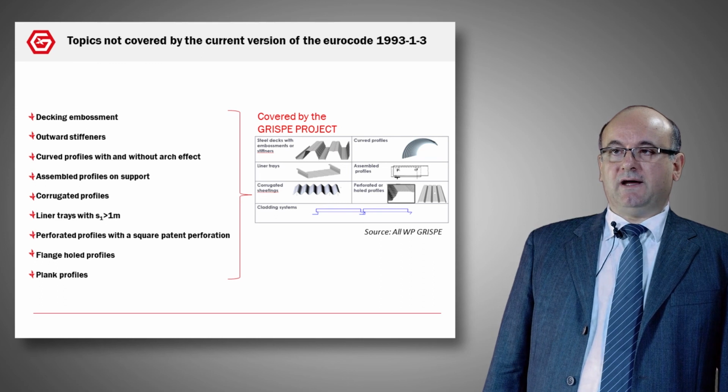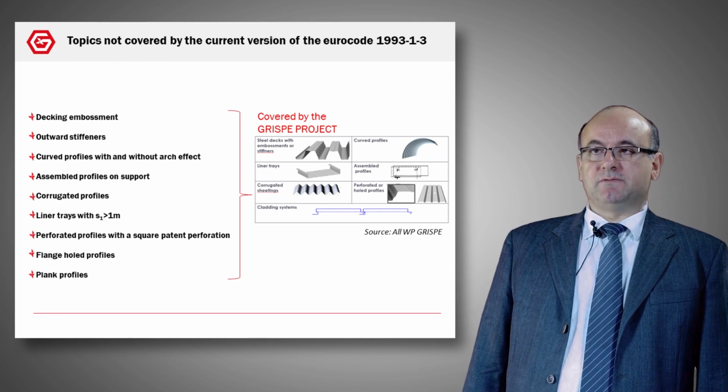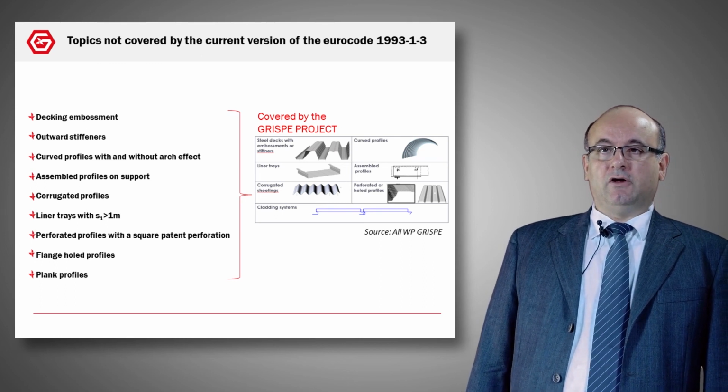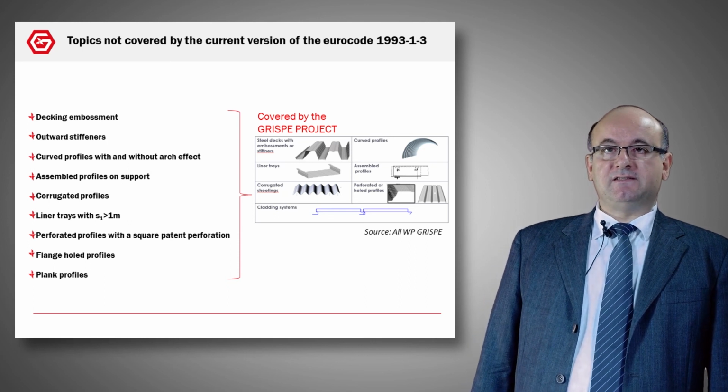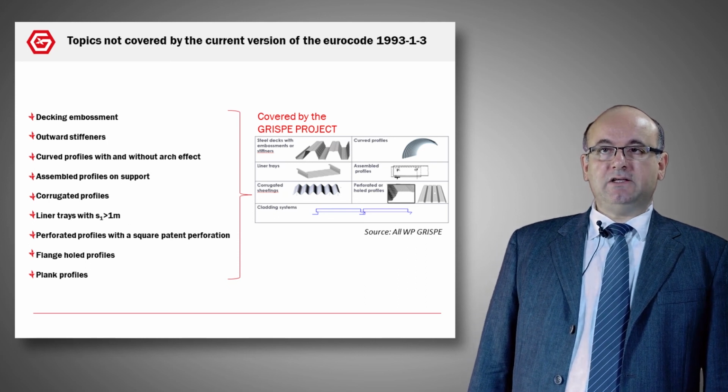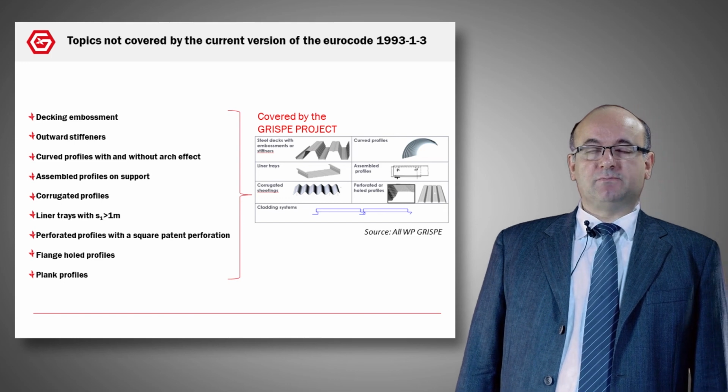You can see on the right a drawing of each of these profiles. So to understand how to design these profiles, it is necessary for you now to go to each e-lecture done for each of these profiles.